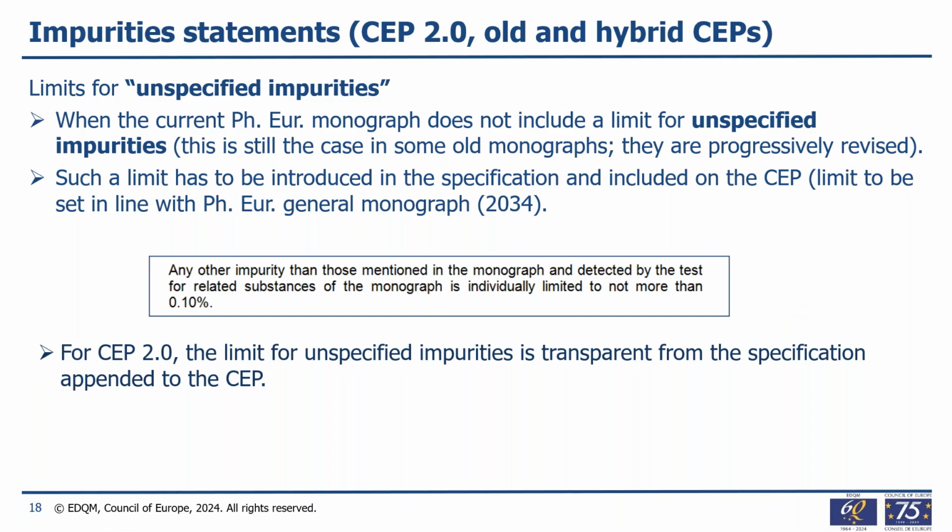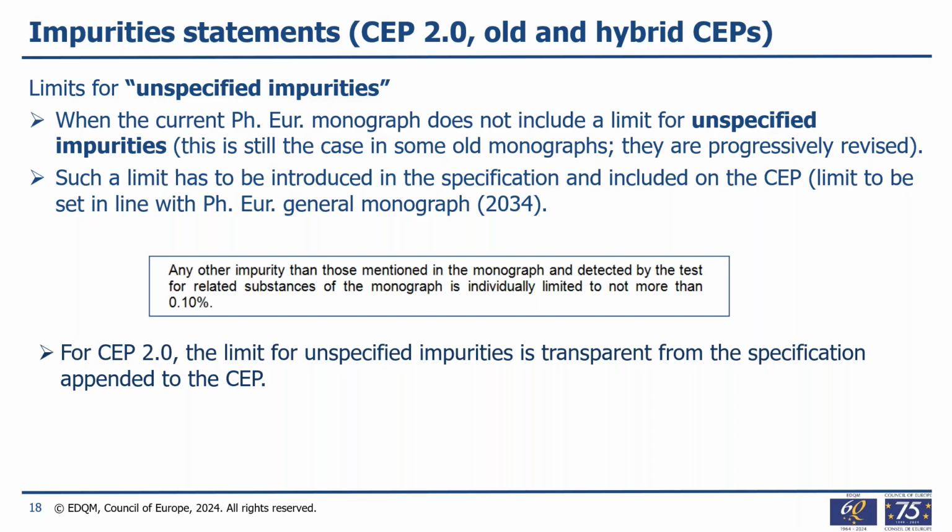In some cases, which is a rare case, when the current monograph does not include a limit for unspecified impurities, such a limit has to be introduced in the specification and included on the CEP, in line with the EP General Monograph 2034. This can still be the case for some old monographs.